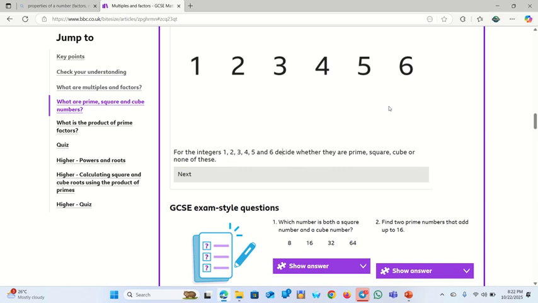Okay. So number 1 is not squared. Number 2 is not. You know, we are classifying the number on 4 headings: prime, square, cube, and none of this, right? Yes. Okay. So number 1 is none of them.